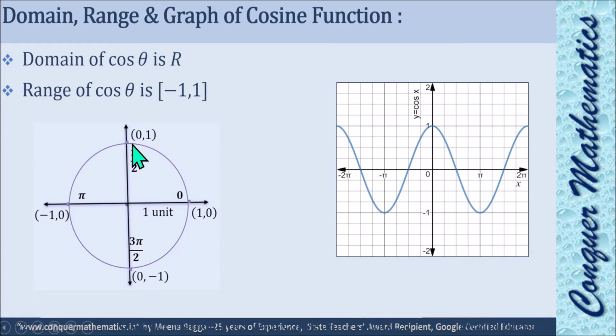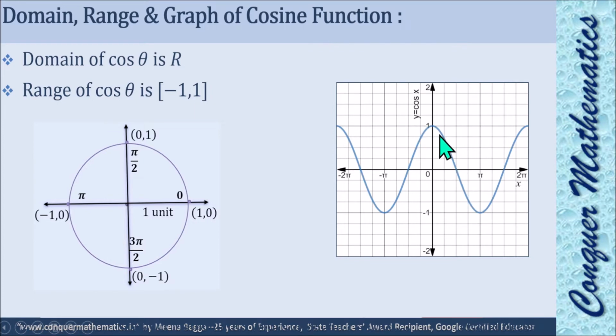That means decreasing value, 1 to 0. At 0, cos theta will have value 1, and when we move towards pi by 2, its value goes to 0. Now pi by 2 to pi, value will further decrease, 0 to -1.